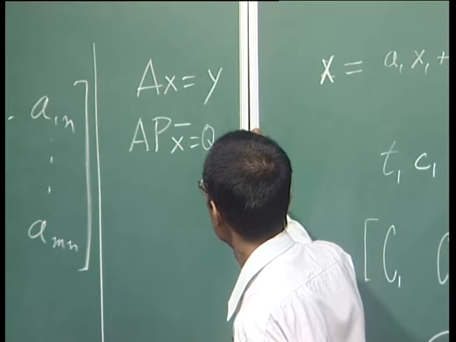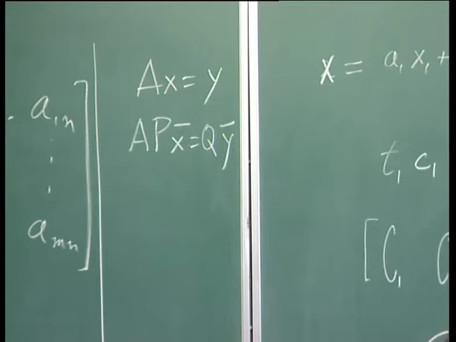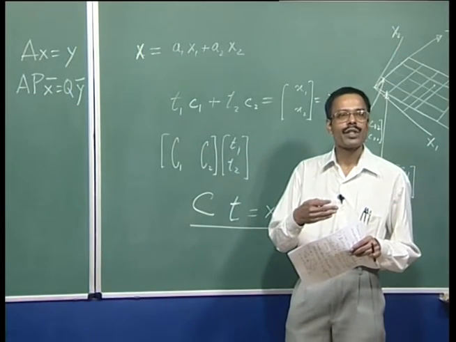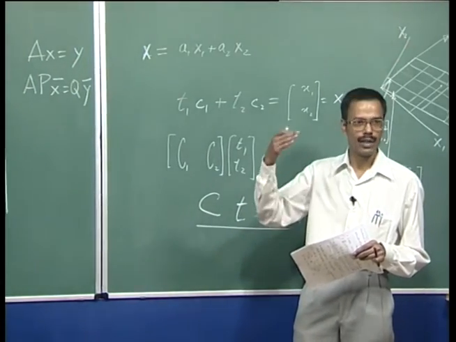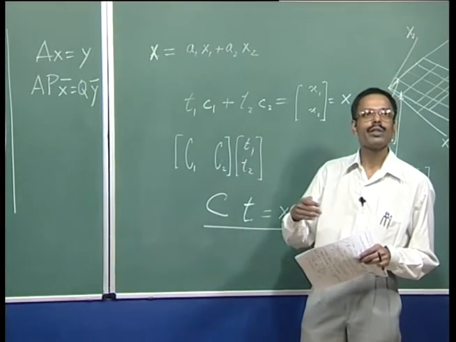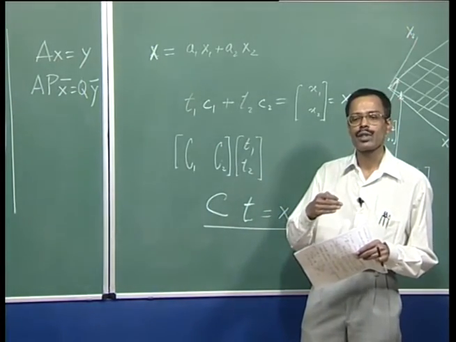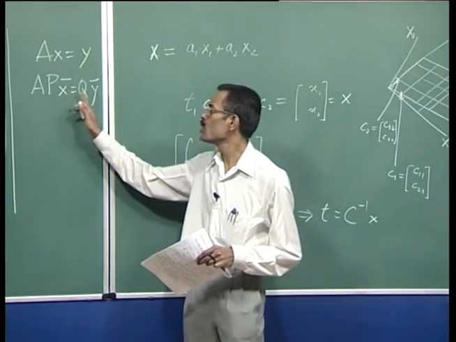Now, remember what we wanted to find out? We wanted to find out the matrix representation of the same linear transformation in the new basis as a result of the basis change. That is, the matrix representation of the linear transformation which will map x bar to y bar.